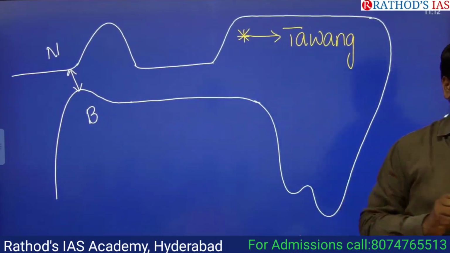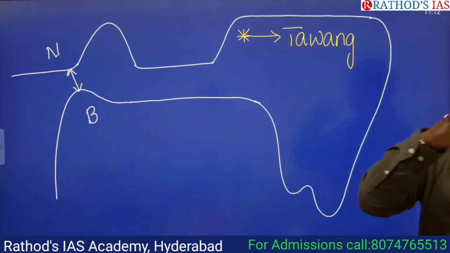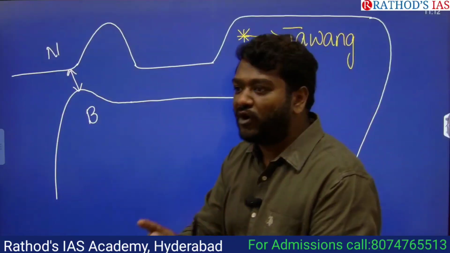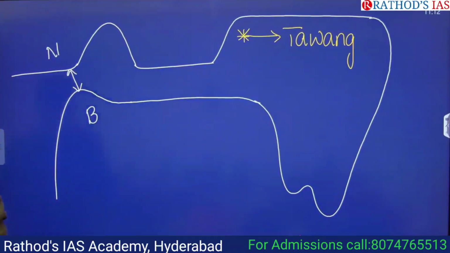That Tawang is required for me, you give it. Who is telling? China. Three times UPSC asked, where is Tawang? Because China every time asks, I want Tawang. If you go back and look closer, what is the issue with Tawang?